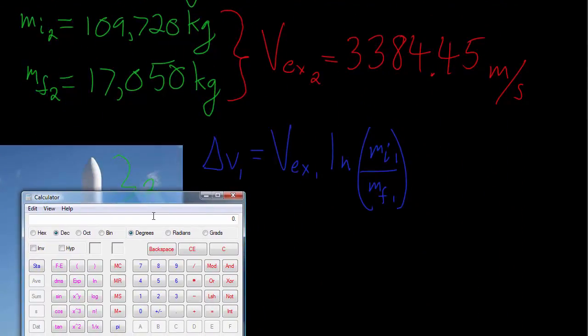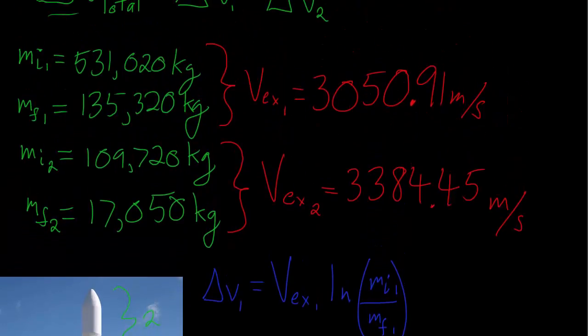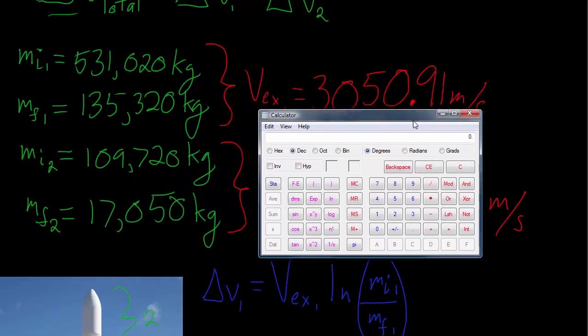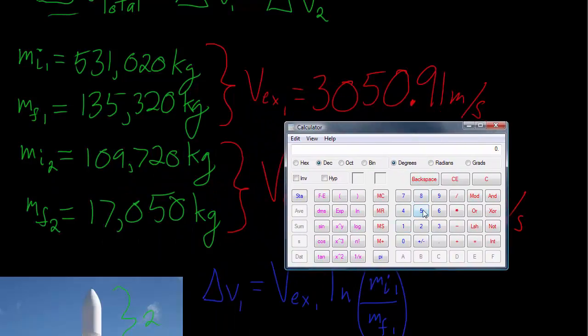The initial mass for stage 1 is 531,020 kilograms divided by 135,320 kilograms, and we take this number to the natural log, and that gives us 1.367.